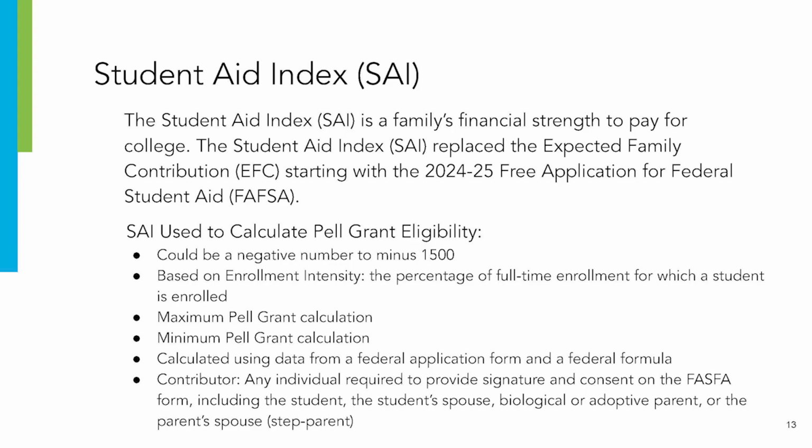Any individual required to provide a signature and consent on the FAFSA form, including the student's spouse if they are married, biological or adoptive parents, or the parent's spouse or a stepparent, would be required information that goes into the calculation of the Student Aid Index. The FAFSA instructions will identify those whose financial information will be used in the calculation of the Student Aid Index.